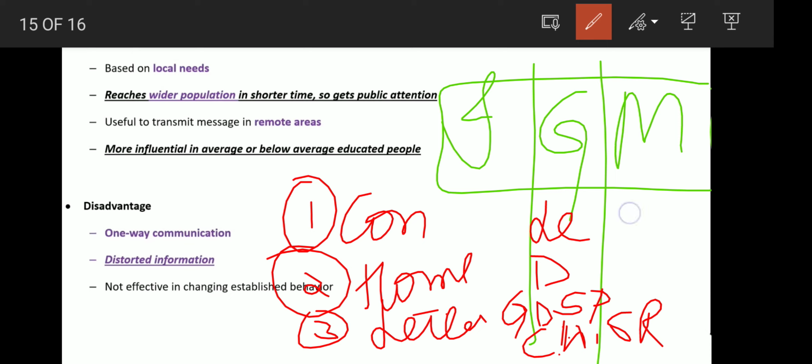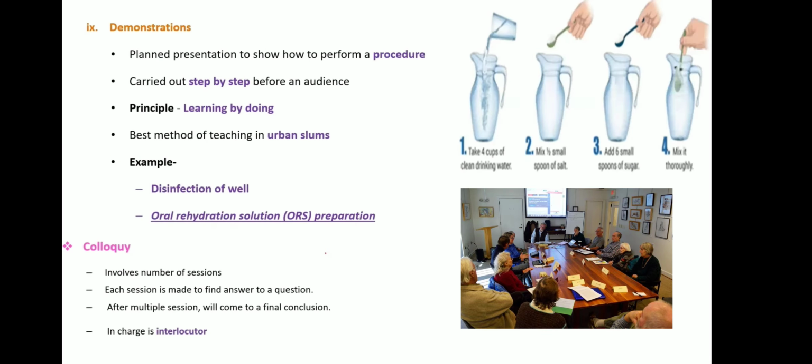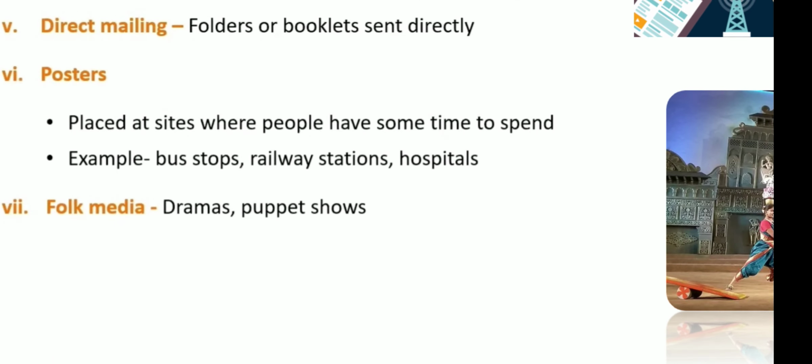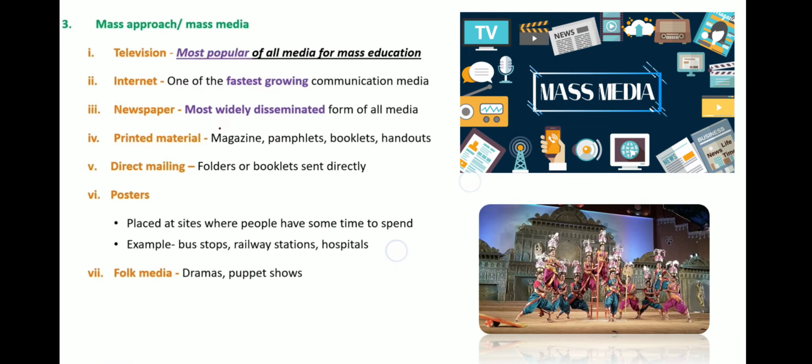In the mass media, we have TV, radio, newspapers, printed materials, museums, folk media, internet, and so on. So this was all about the methods of health communication which we saw: mass approach, TV, internet, newspaper, printed material, direct mailing, posters, and folk media.